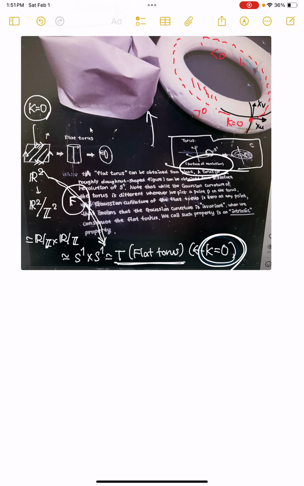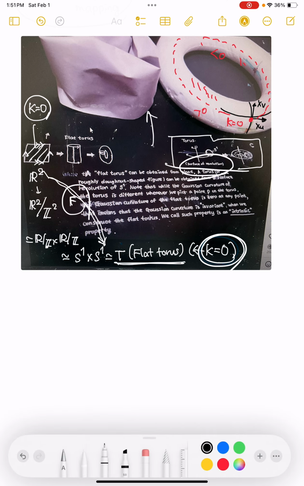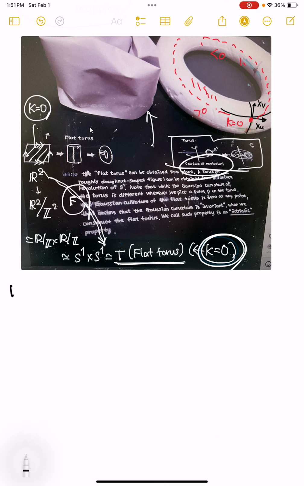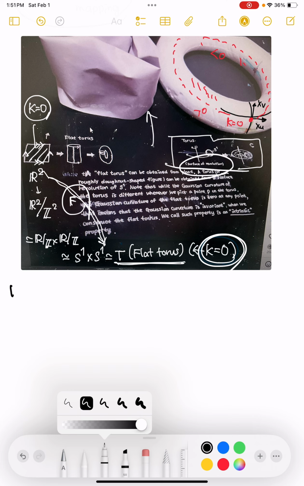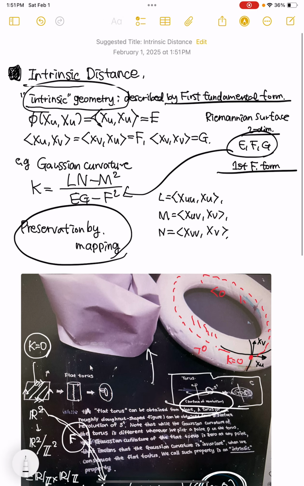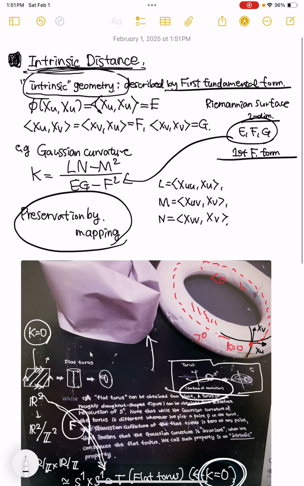Okay. Then, what is the intrinsic distance? Our main topic is intrinsic distance.